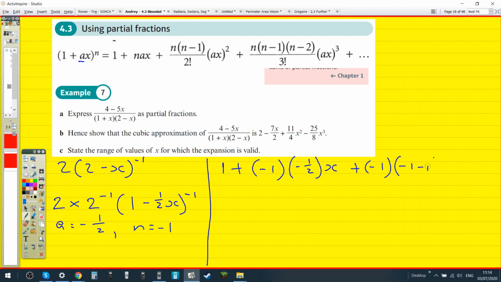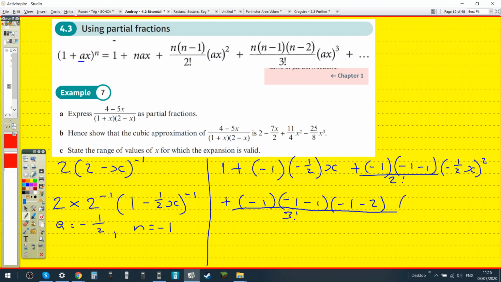And then minus a half x squared. Plus minus 1 times minus 1 minus 1 times minus 1 minus 2 over 3 factorial, sorry, it's not a, it's n, times minus a half x cubed.